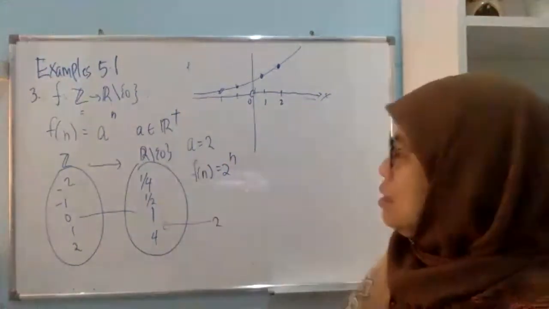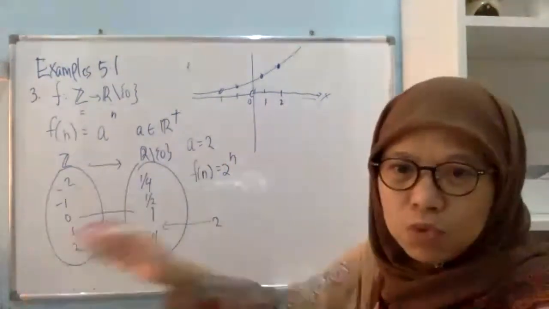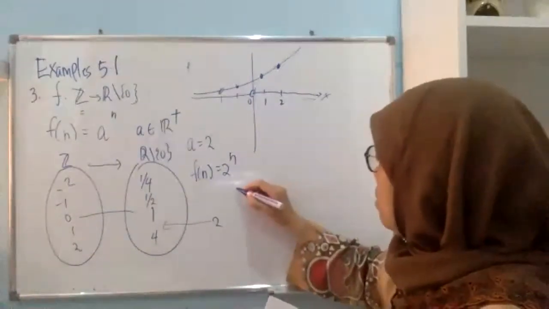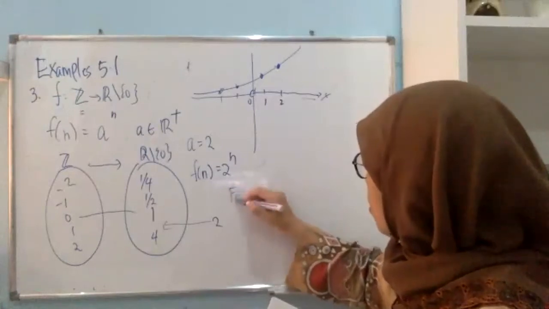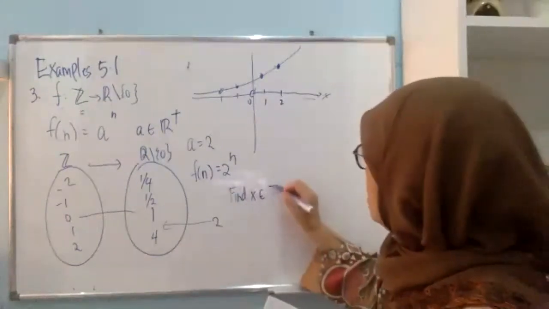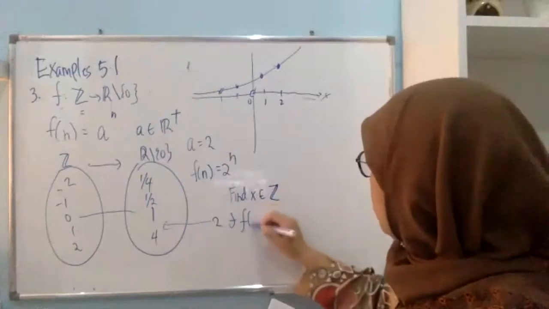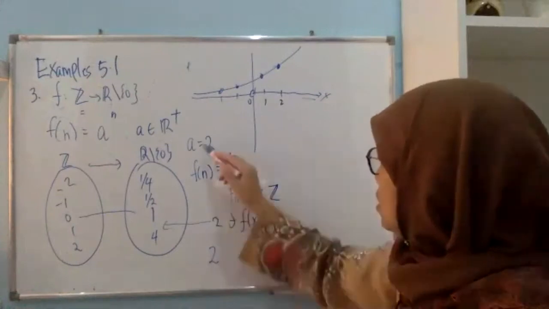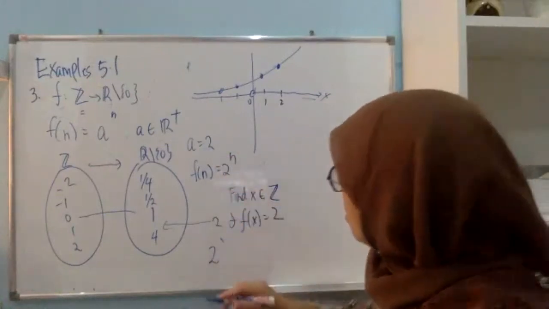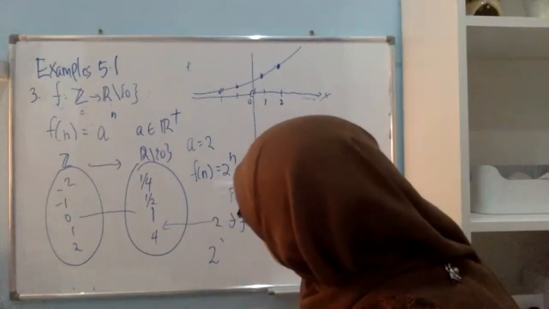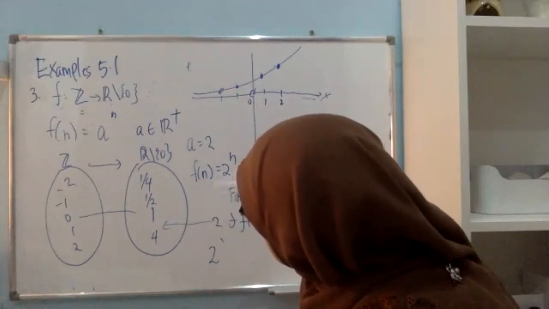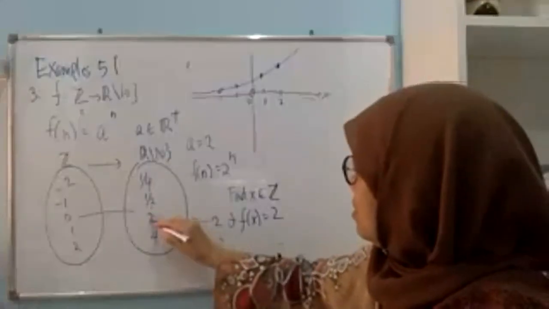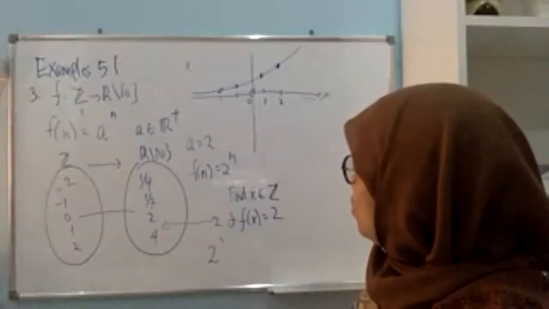2 is in here, but there is no such thing mapped to 2. Just now I showed it's not in Z, right? So find x in Z such that f(x) is 2, right? So 2 in this case, 2 to the power of this one is 2, right? 2 to the 1.